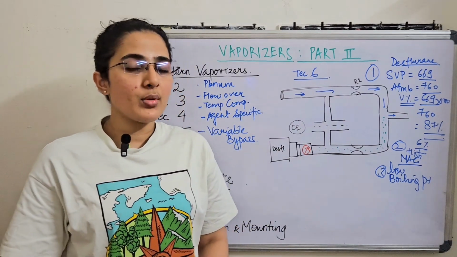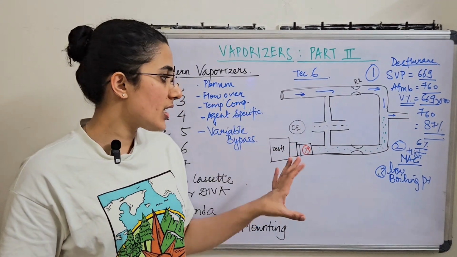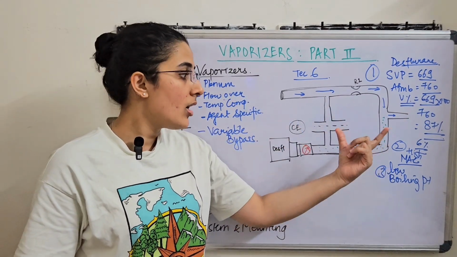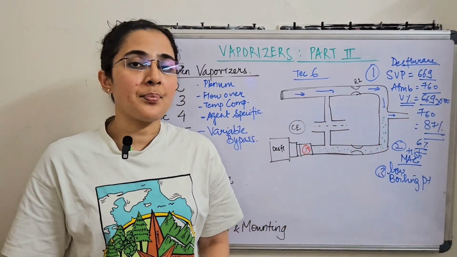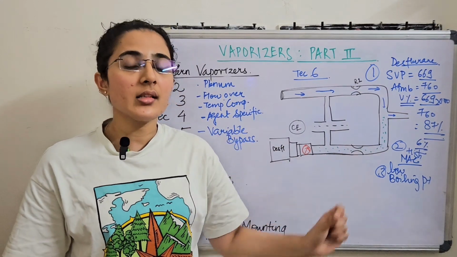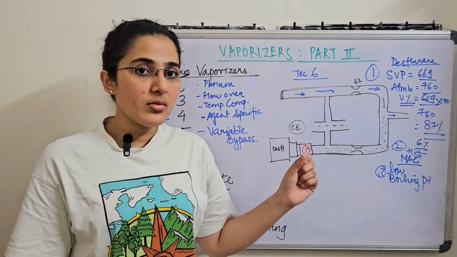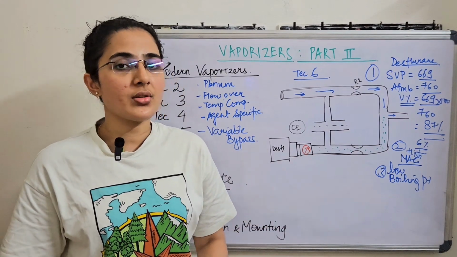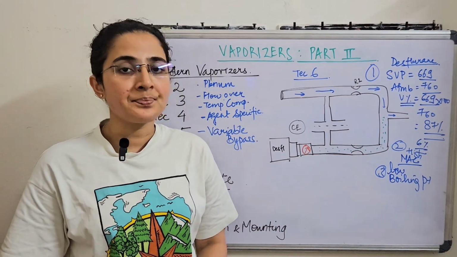Usually, within the anesthesia machine, the Tec 6 vaporizer will be at the farthermost end. Why? Because it also has an electrical cord which has to be plugged in. That is required for the supplied heat which the vaporizer receives.